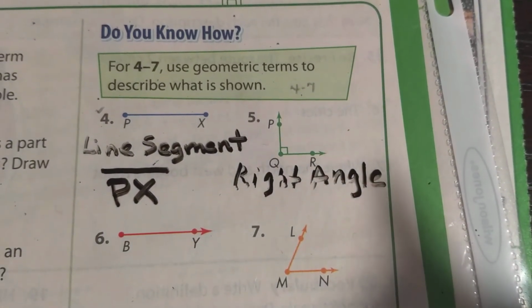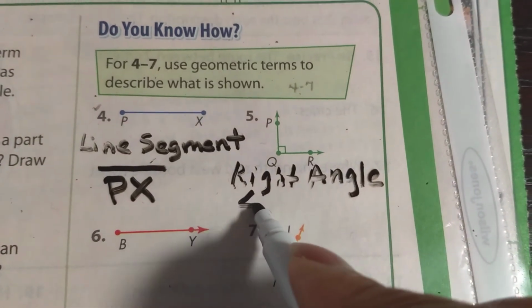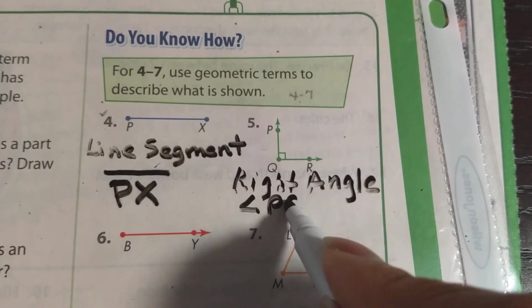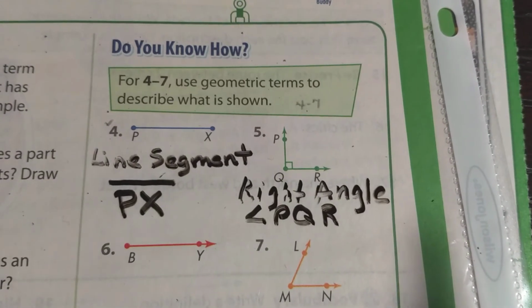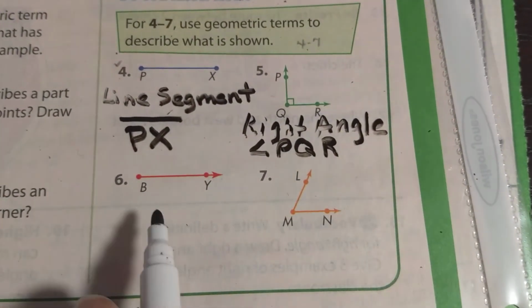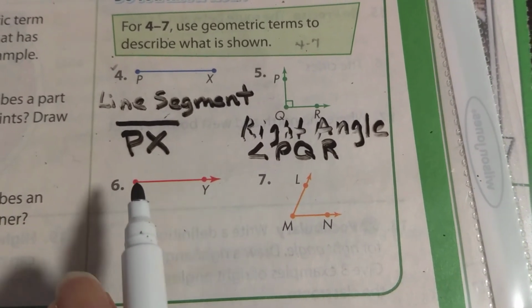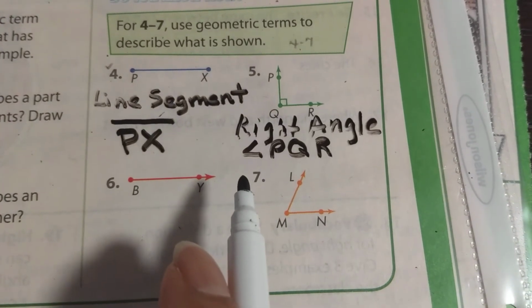Now, how would I write that, though? I would write it like this. Angle. Remember my letters? P, Q, R. Right angle PQR. All right, number 6 is a line, right? Because there's only one. It's one line, but it has an endpoint, and it also continues on in one direction.